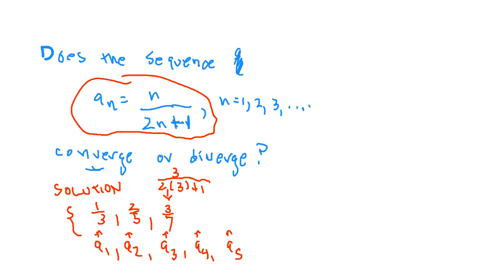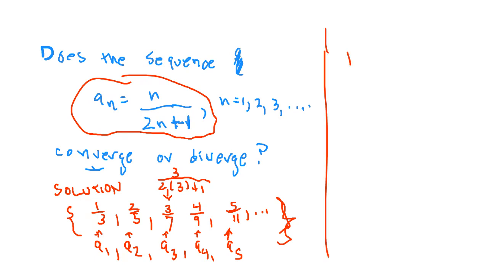Okay, what's the next term? 4/9, good, Ange. And then the fifth term? 5/11. Good, Taj. All right, and this sequence keeps going.